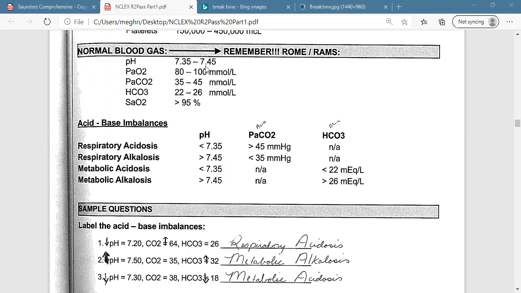So in the exam, if they give us a scenario, a patient came to you with shortness of respiration, or a patient came to you with diarrhea, and after blood gas analysis you found the pH is 7.15, it is less than 7.35, which means it is an acidic problem.